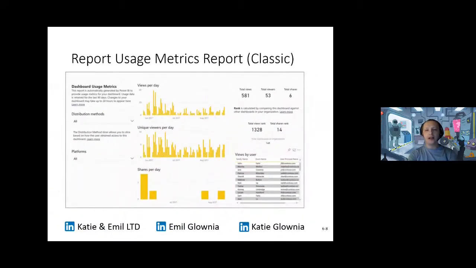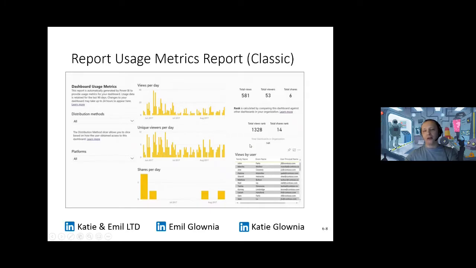Now, this is the classic one. What we get in here is, you go to a specific report, and all the information that is available is for that specific report, and we get views per day, unique viewers per day, shares per day, and a little bit of summary.